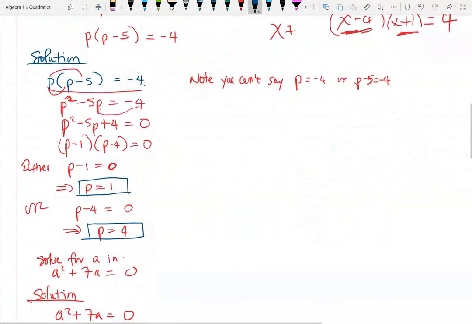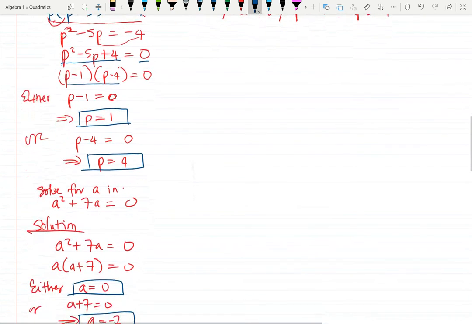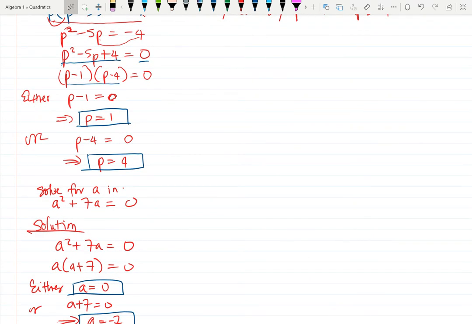Here, we move everything to the left so that it equals 0. After that, you look at this expression and factor it. Then you say either p minus 1 equals 0 or p minus 4 equals 0, and you get p equals 1 and p equals 4.